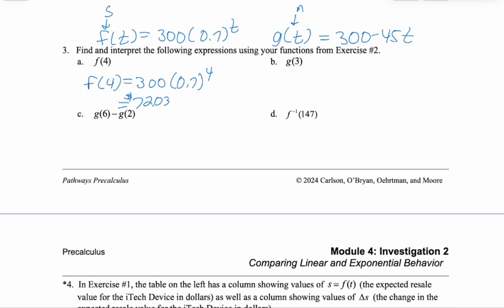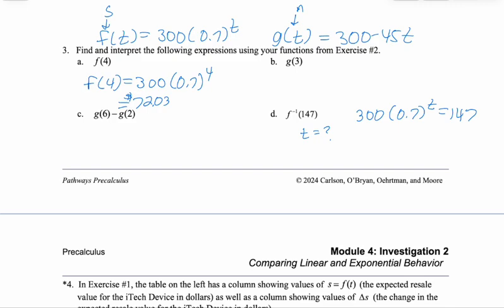The other one that uses F, let's go to this one. Now this one says, what is the year where we get an answer of 147?